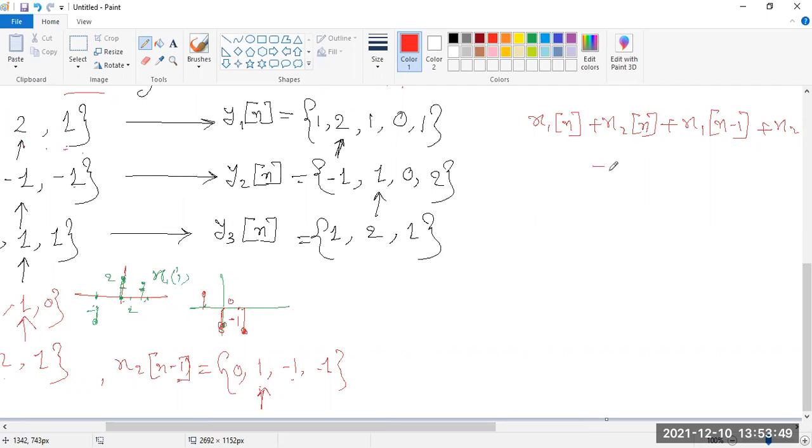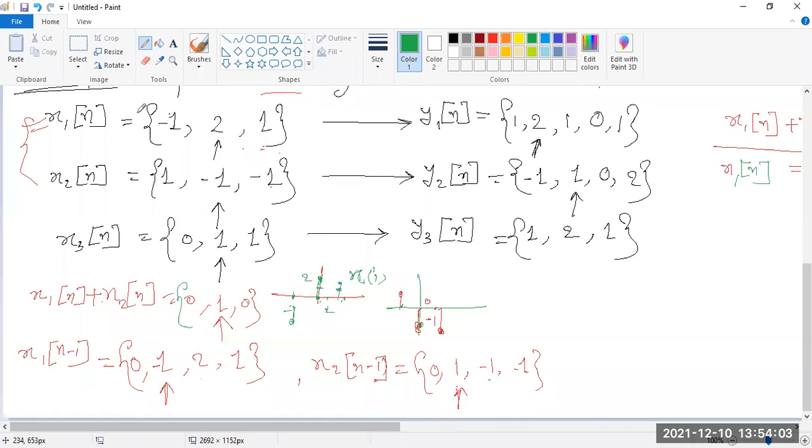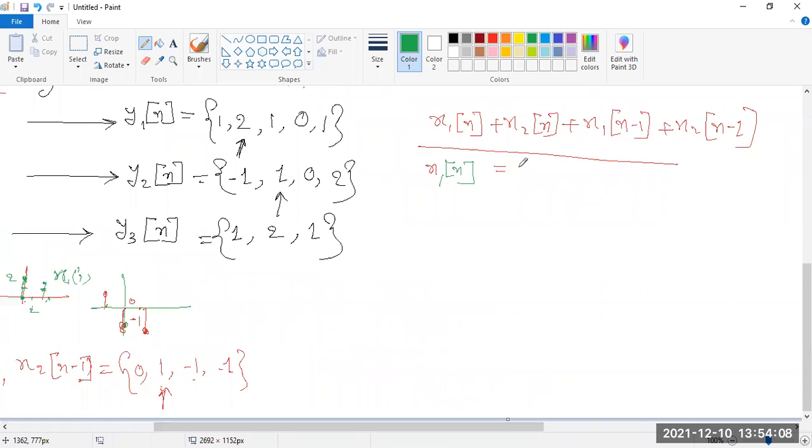That is for x1, that is x1[n], that is -1 to 1, -1 to 1, that is origin is there. x2[n], what is x2[n]?